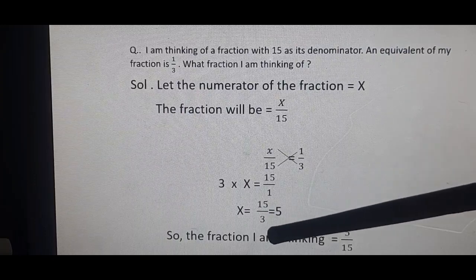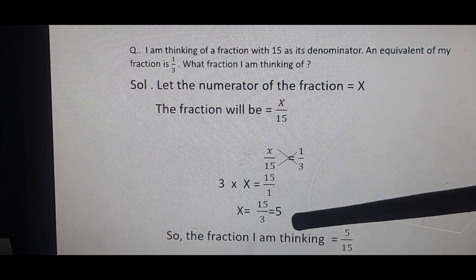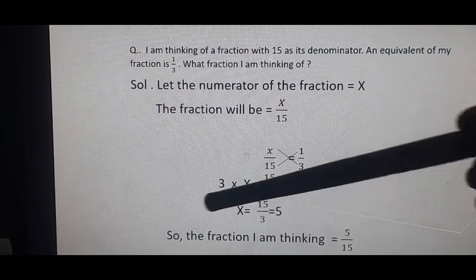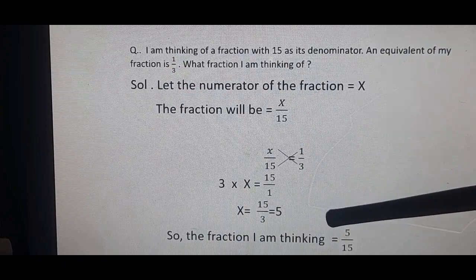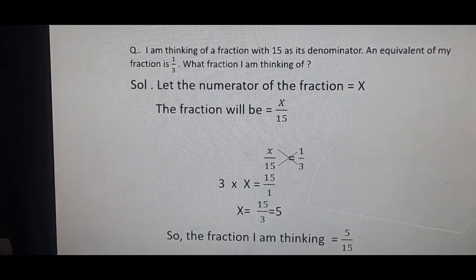It will become 15 upon 3 is equal to x. 3 ones are 3, 3 5s are 15. So x is 5. So the fraction which I am thinking of is 5 upon 15.